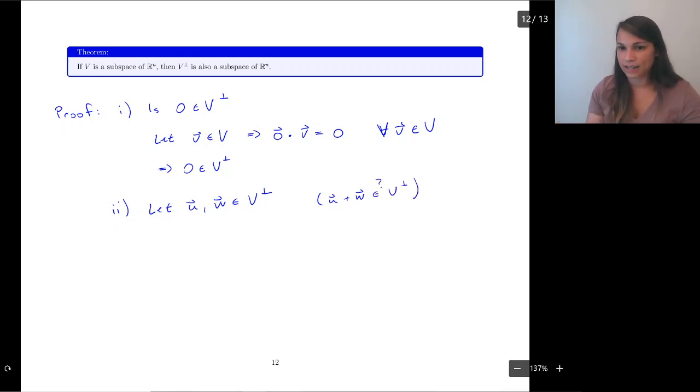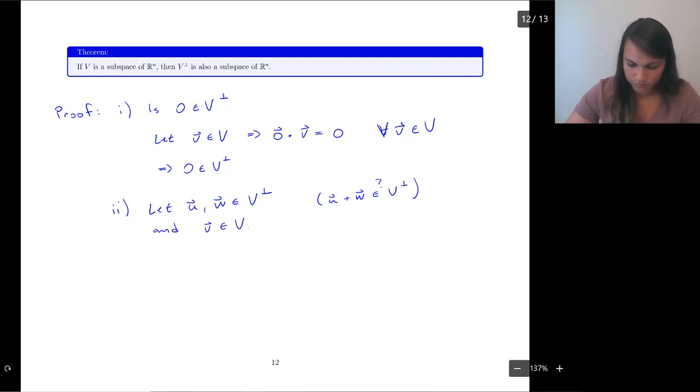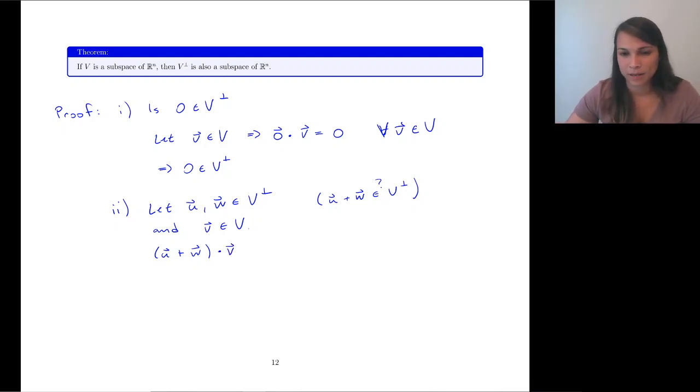How did we figure that out? Well, we've got to take the dot product with something in V, and V is in V. So what happens if we take the dot product of the sum of these two guys with V, not multiply, my bad.